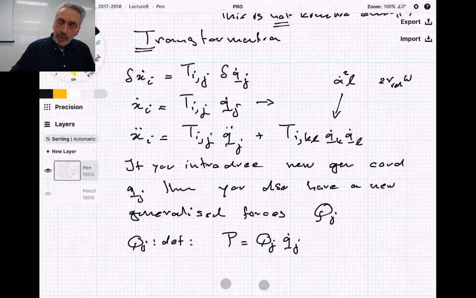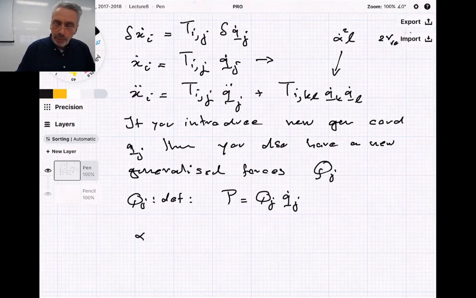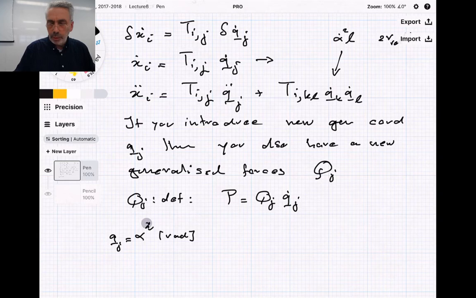Let's assume you have some angle alpha, in radians, and that's your q_j, and then you say, no, I'm going to do a squared because I like that. For some reason, you like that as a generalized coordinate. Maybe because it always has to be positive, I don't know. Alpha is an angle, that's for sure. So that's a radian squared. So this is an angle.